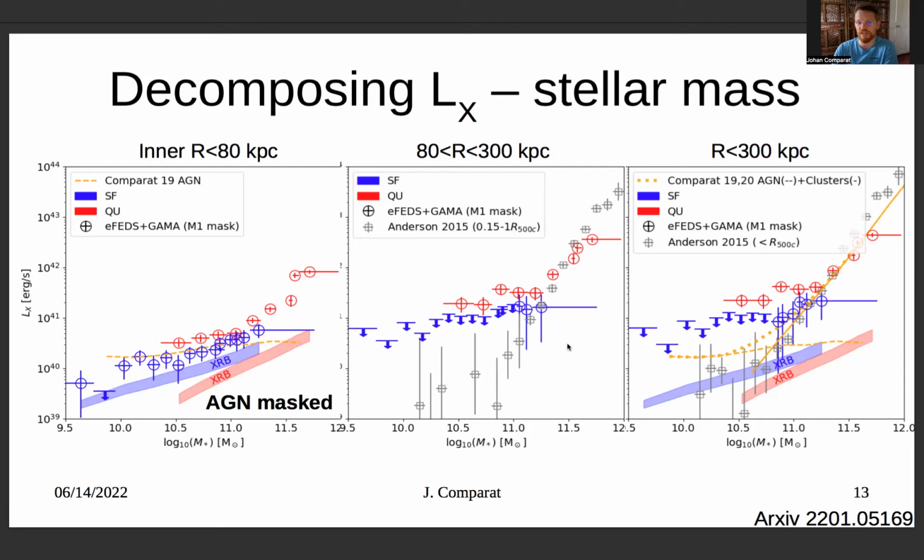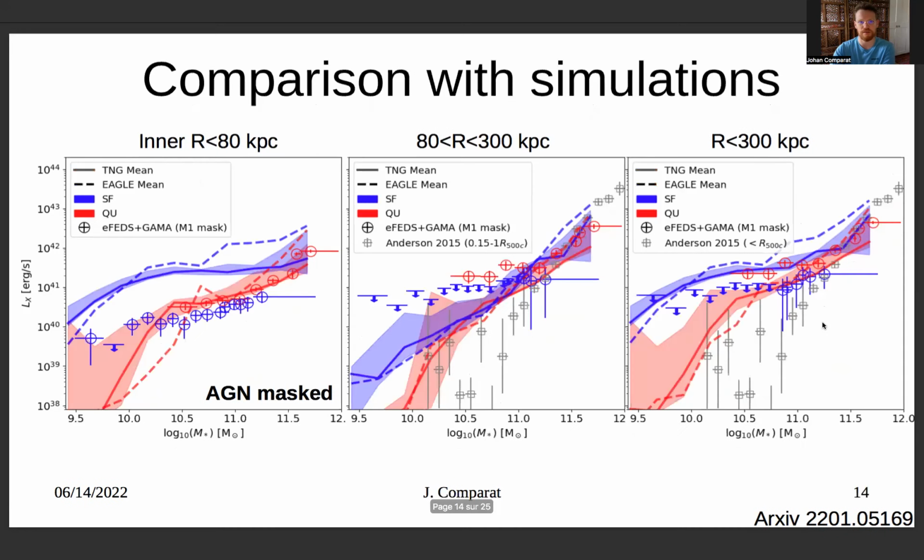If we look at the outer shell, something we can't really predict directly with the simulation, we see that we have upper limits for most of the star-forming galaxies, some detections of hot gas around the most massive star-forming galaxies, and then the observations from quiescent galaxies that follow previous measurements from Anderson in 2015. And here is the total relation.